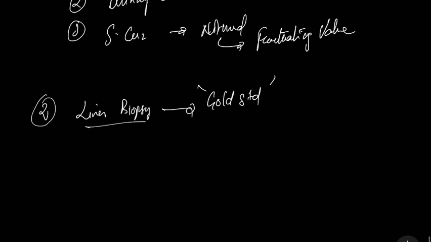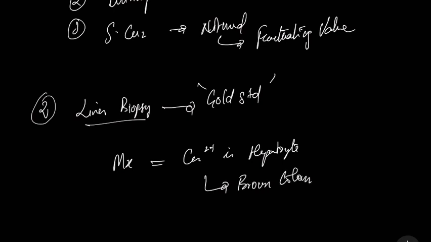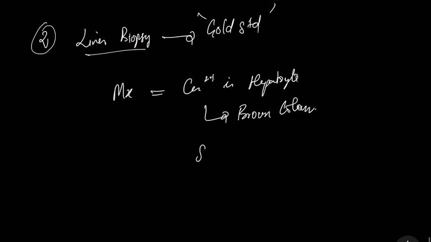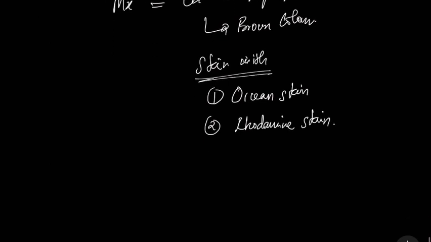In the microscopy we see copper in your hepatocytes, which is almost brown color, and this brown color we can stain with Orcein stain, and second is your rhodanine stain. So that was it for investigations.